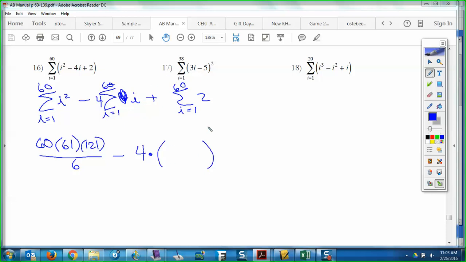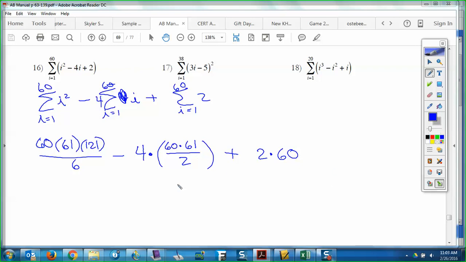What was sigma i? That was n, to be 60, times n plus 1, 61, divided by 2. It was n times n plus 1 divided by 2. Plus, what's sigma 2 from 1 to 60? 2 times 60. It's just 2 added up 60 times.